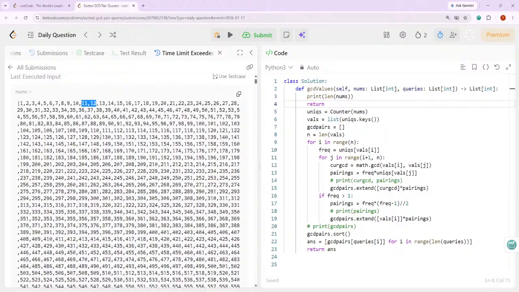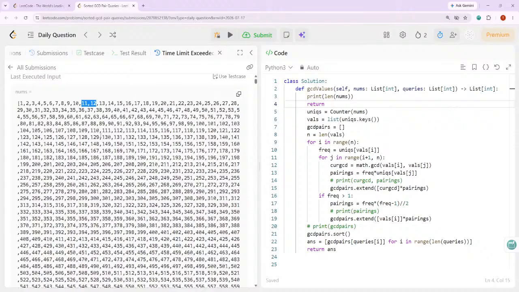And then I have 11, 13, 11, 14, 11, 15, 11, 16. Hmm. So if I take two numbers that are relatively prime, their GCD is 1.